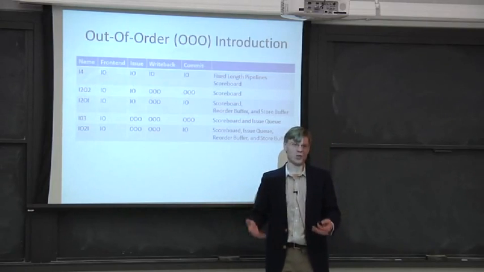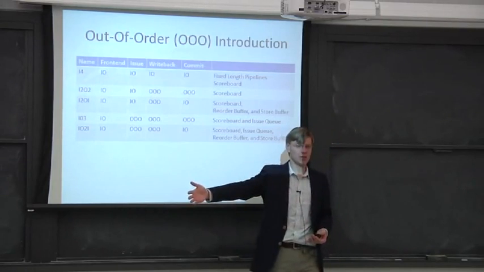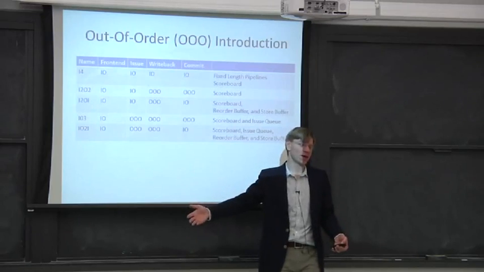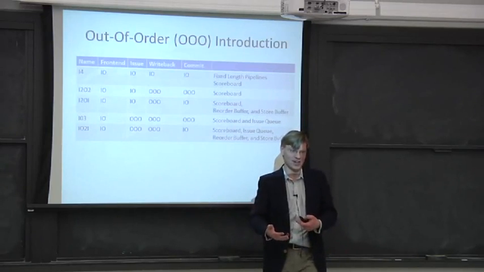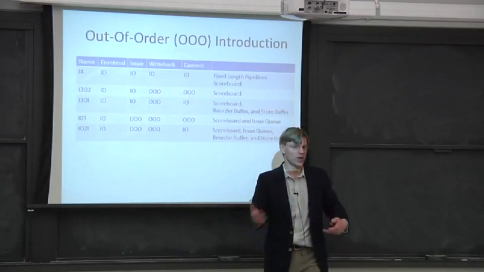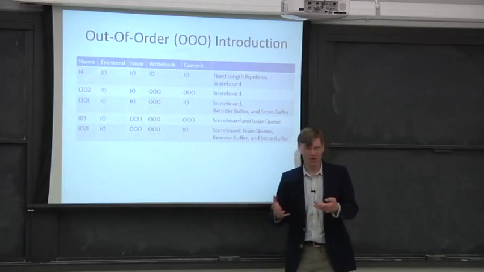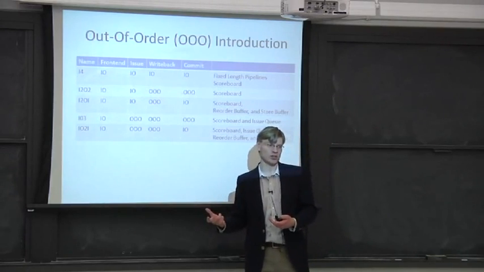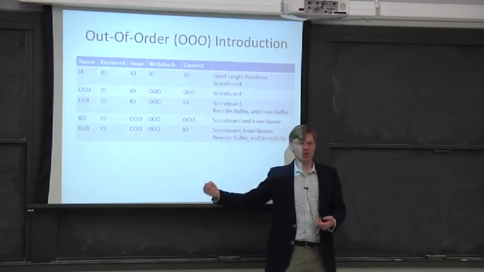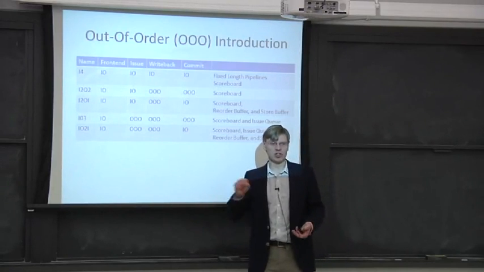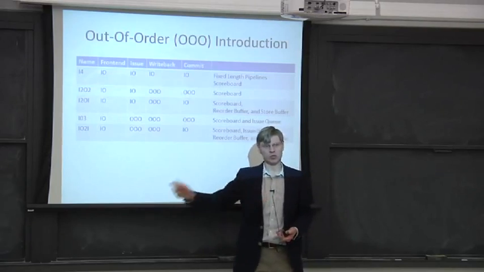Well, it's any state that you can't roll back. So if you do a store to main memory, that's a commit. That's really hard to roll back, unless you somehow can keep all the state of what was in that memory location before. But people typically don't do that. Instead, you'll have a buffer which keeps track of all the stores you're trying to do. And when you actually commit the instruction, at that point and only that point do you store to main memory.